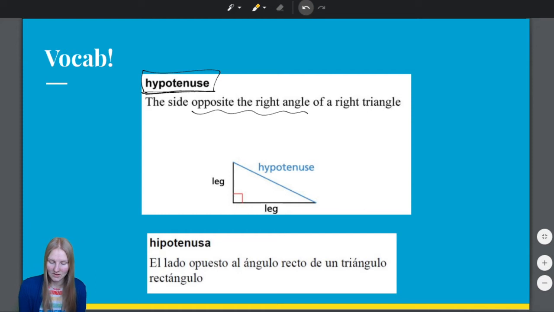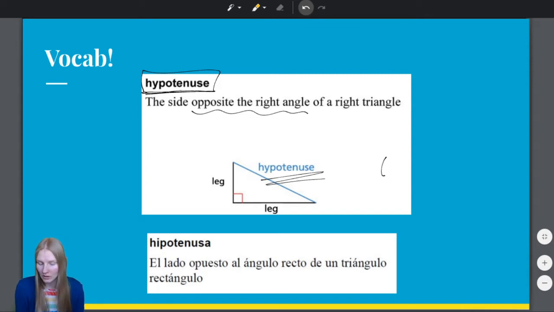The sides that are attached to the right angle are called legs. The sides that are perpendicular to one another, those are called legs. Two legs, one hypotenuse.